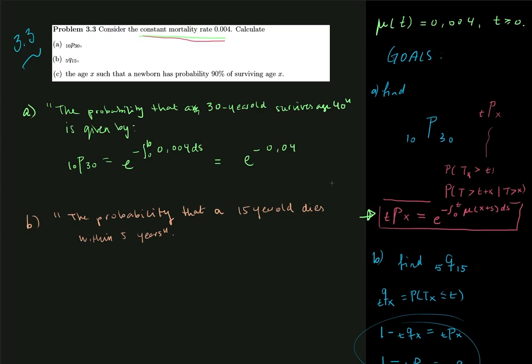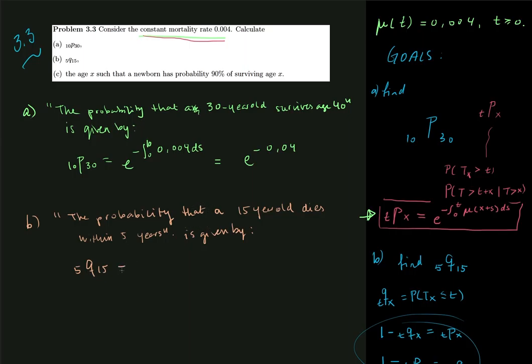Oh, depressing stuff here. So this is given by 5q15. So the probability that a 15-year-old dies before this person turns 20.